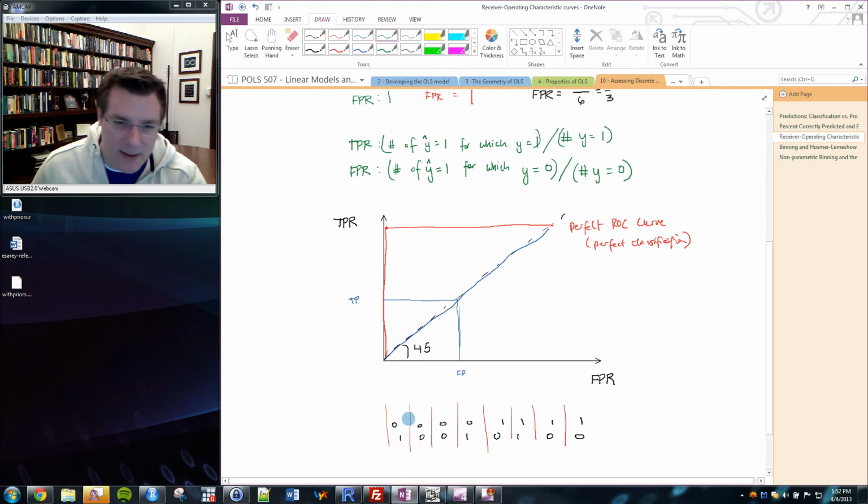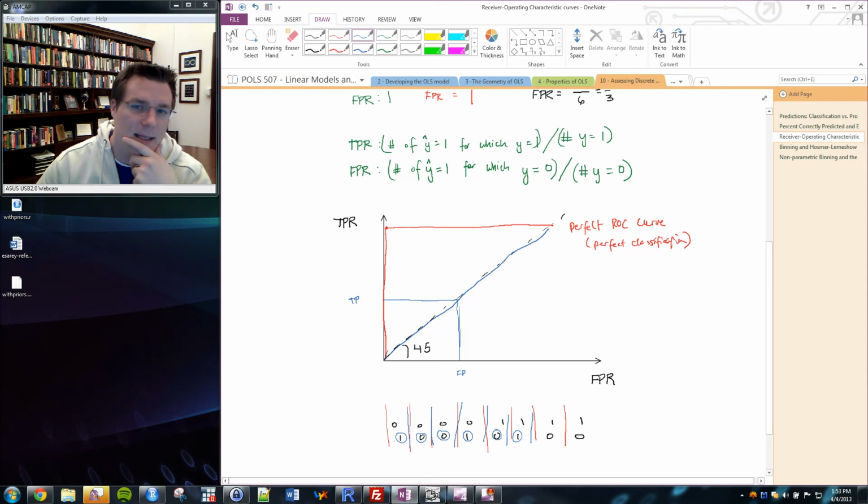If you can imagine this blue line, here I get one wrong. I have one false positive. Then I have one true negative and one false positive. And then I've got a bunch of true positives, but also a bunch of false positives over here. As I slide this line up, I'm adding to my true positives and false positives at virtually the same rate, and I get these numbers calculating into my rate.